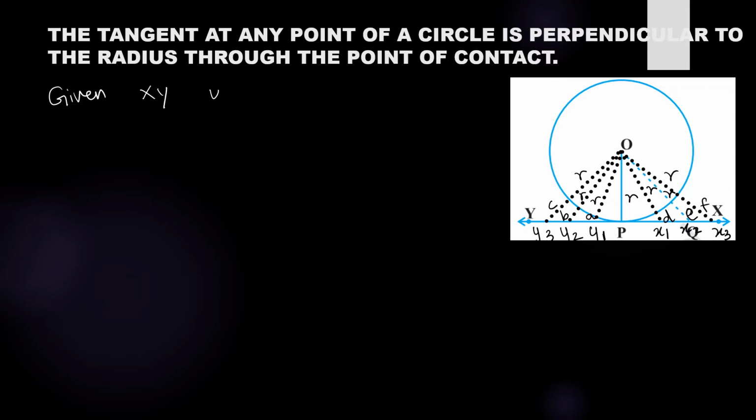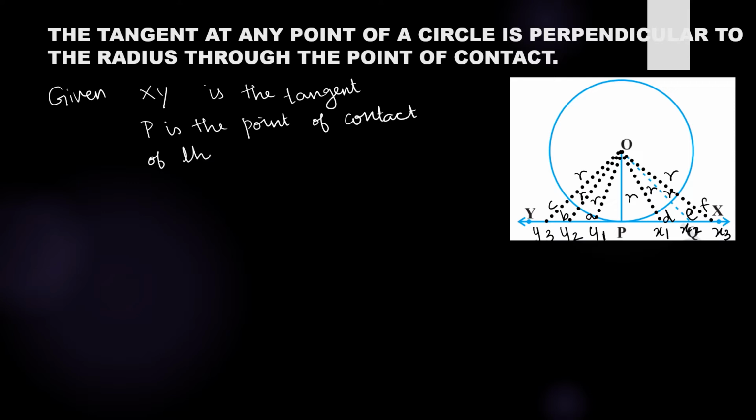XY is the tangent, and P is the point of contact of the tangent with the circle.